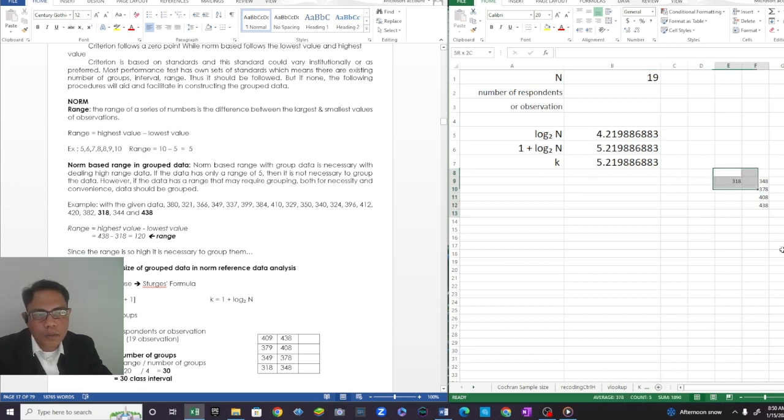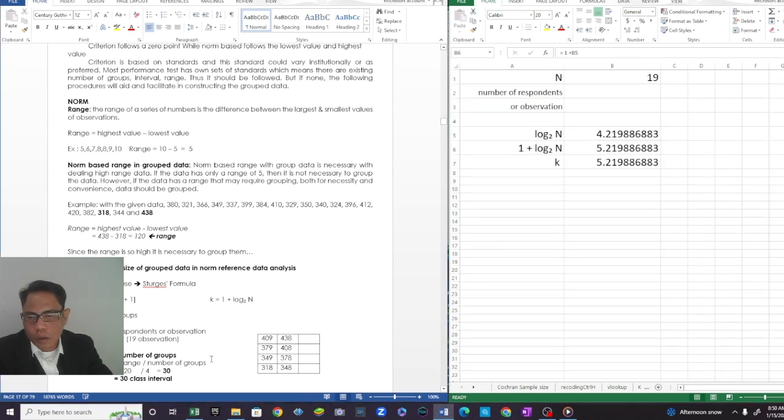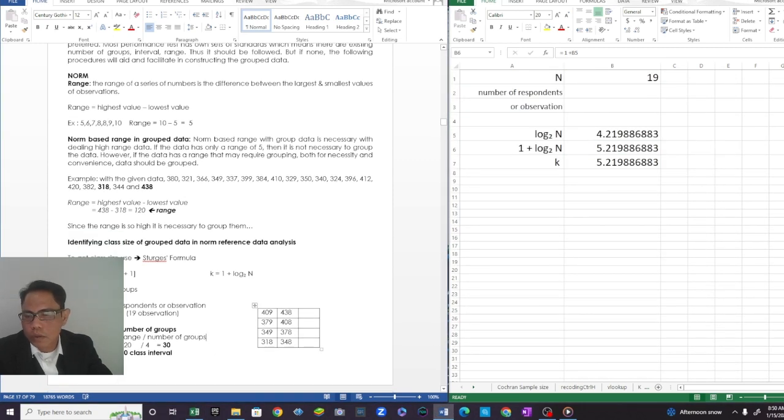The next one is 1 plus log 2n. So that's 1 plus B5, and we have 5.219, or we have 5 groups.